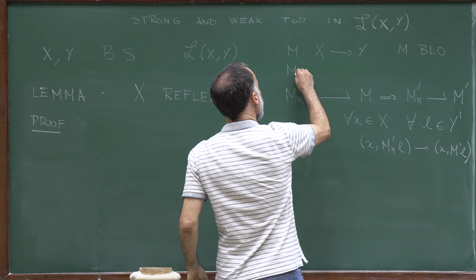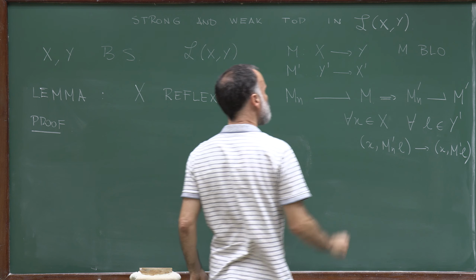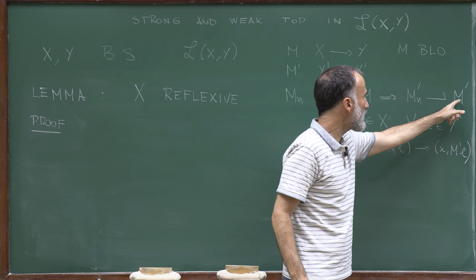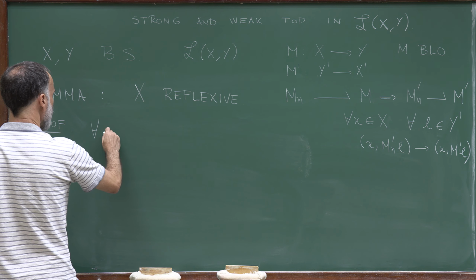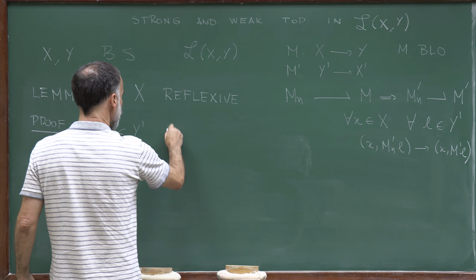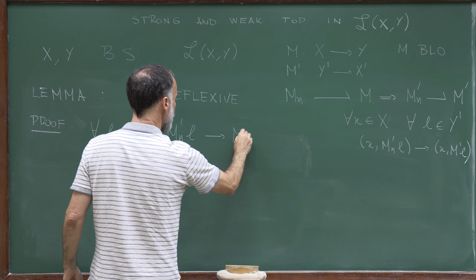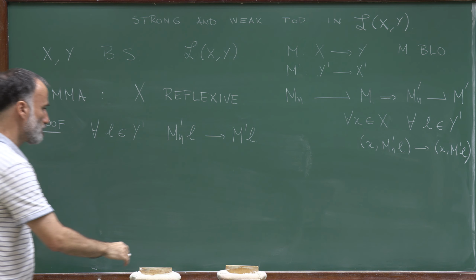So remember, M prime is an element from Y prime to X prime. So to prove that Mn prime converges weakly to M prime, we have to show that for all L in Y prime, Mn prime L converges to M prime L. Weakly, sorry.